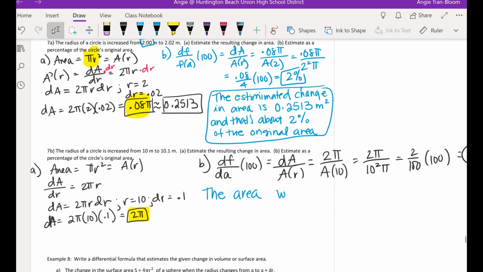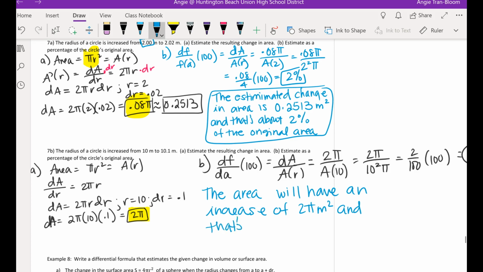So the area will have an increase of 2 pi meters squared, and that's about 2% increase from the original circle's area.